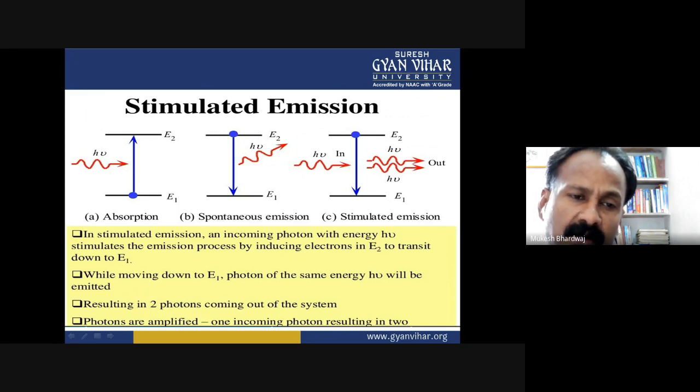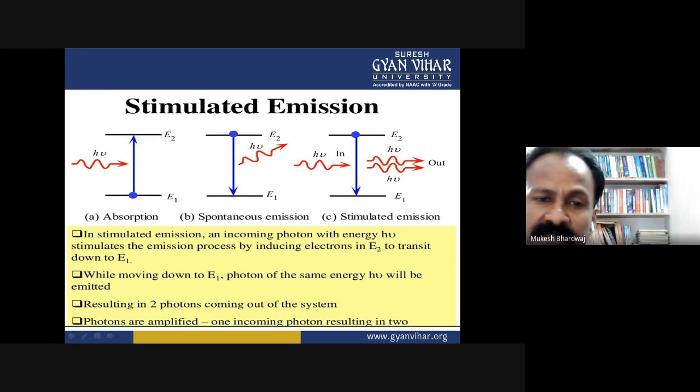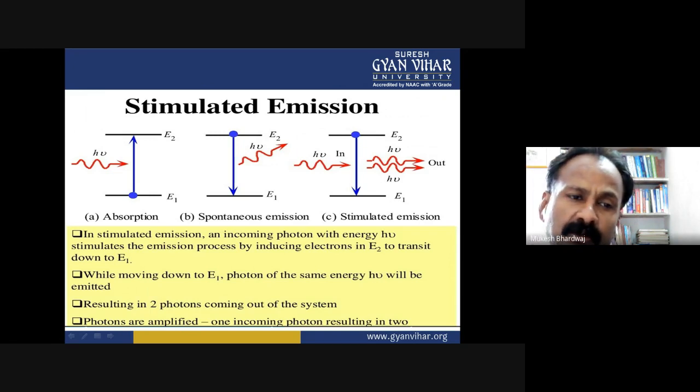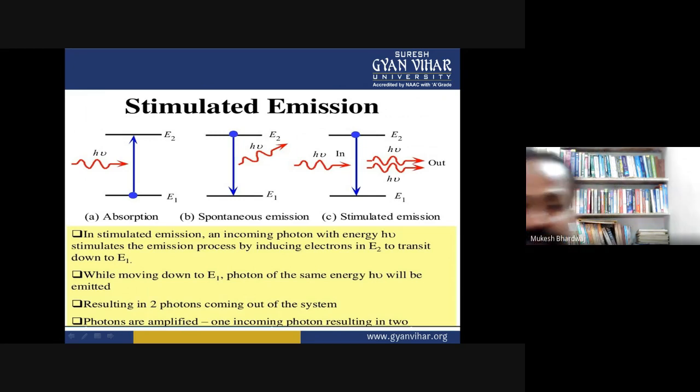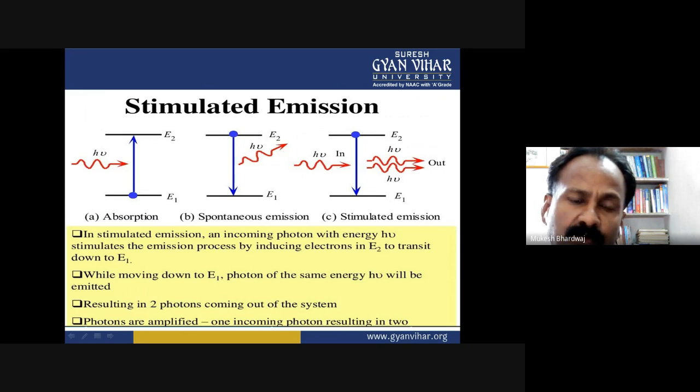So when it is coming back to the E1 state, simultaneously one more photon is incident, as a light source is continuously incident. So as the atom moves from E2 to E1, releasing a photon of the same energy, h nu, it adds up with the coming photon.